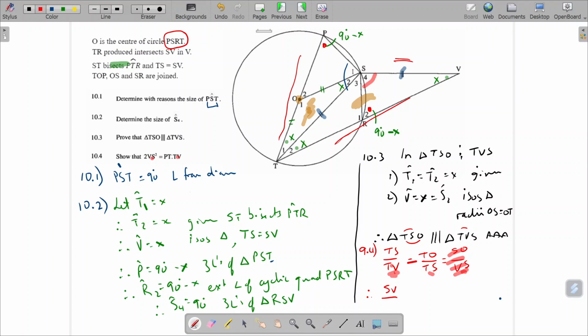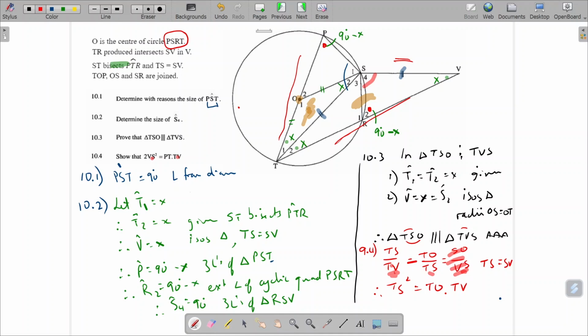Okay, so actually let's quickly go and have a look here. I'm saying to you that therefore we know that TS squared equals TO times TV. But the good news is we know that TS is the same length as SV, which allows us to make the conversion to SV or VS as we have it over there.